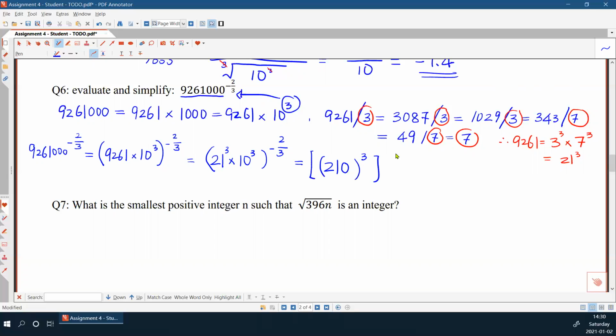And then this number to a ratio. And these two can be canceled with each other. Okay, this gives us 210 to the minus 2 times, which gives us 210 to the twice over 1, right?